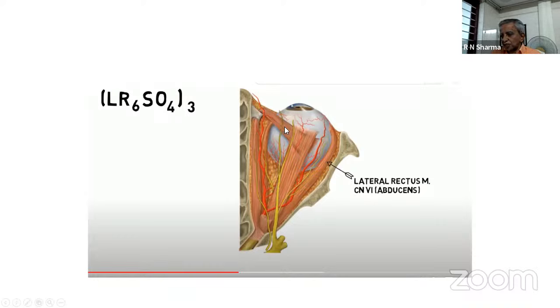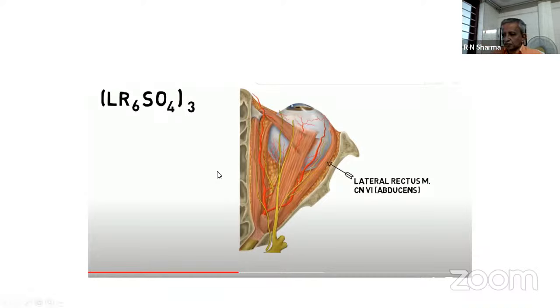It runs posteriorly above the globe, getting inserted into the posterior superior outer quadrant. That is very important to remember. Superior oblique is inserted into the posterior superior outer quadrant after turning through the trochlea.